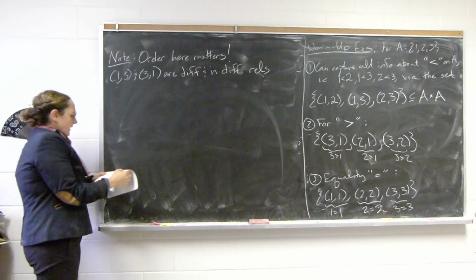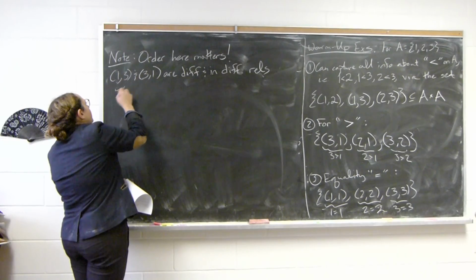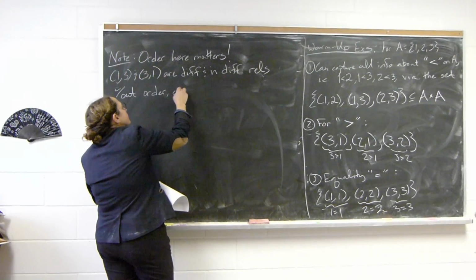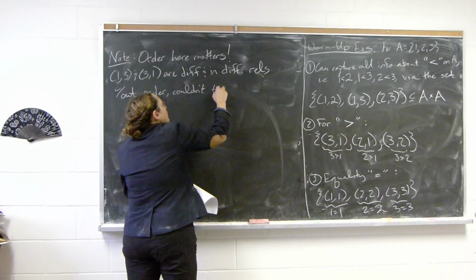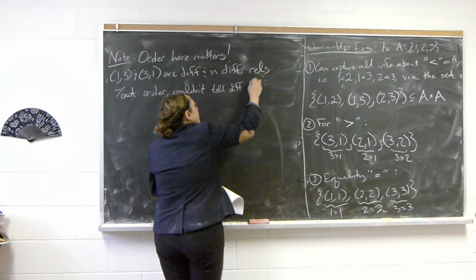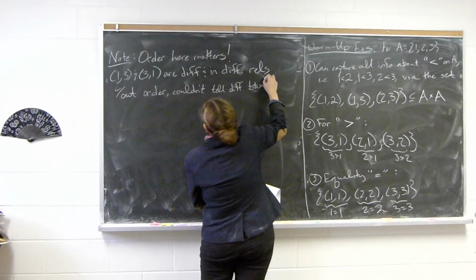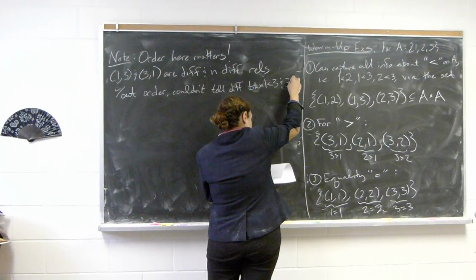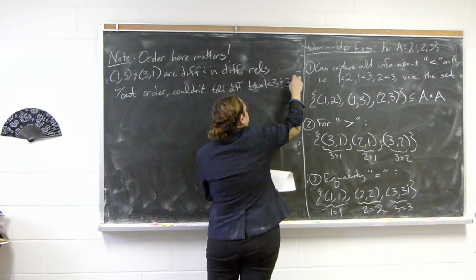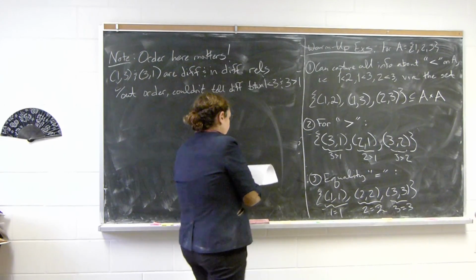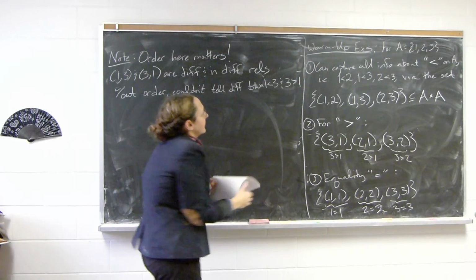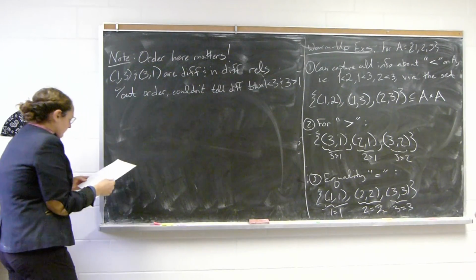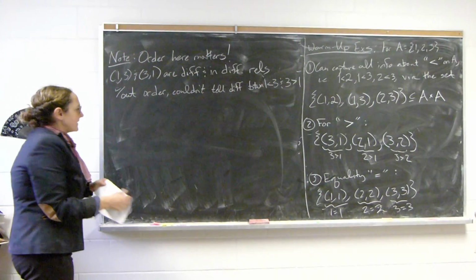Without order, we couldn't tell the difference between 1 is less than 3 and 3 is greater than 1, because in the less-than relation we contain (1, 3), and in the greater-than relation we contain (3, 1).